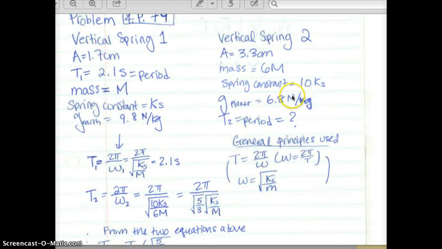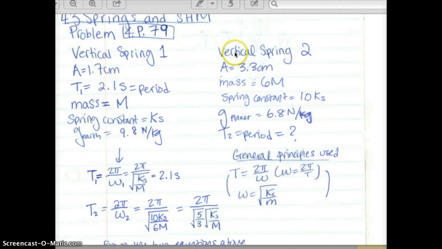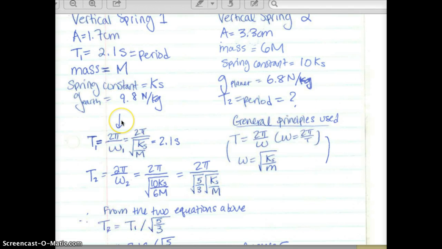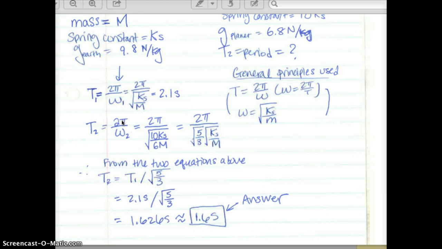So if I were to express the period of the second spring using the same constants like Ks and m, then I thought I would be able to derive the period of the second spring.